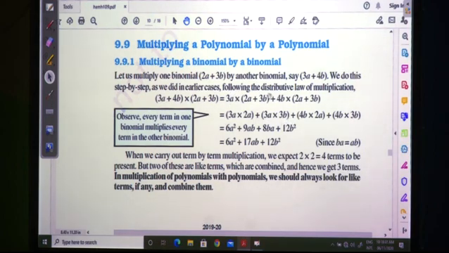Now, we have done this, we know very well. 4b into 2a plus 4b into 3b.